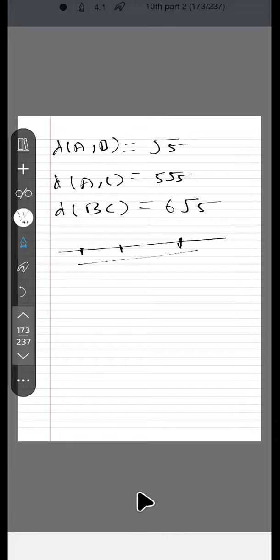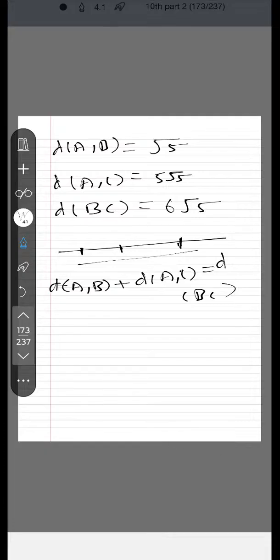See, if they are on the same line, it means if you add two of them, then the answer will be the third one, correct? Then they are collinear. So simply d of AB plus d of AC, the answer will be d of B comma C. Just observe, 5 plus square root of 5 plus 5 square root of 5.